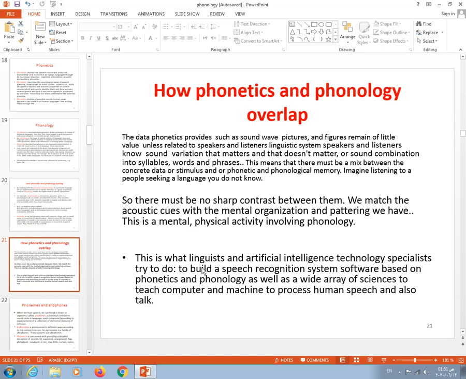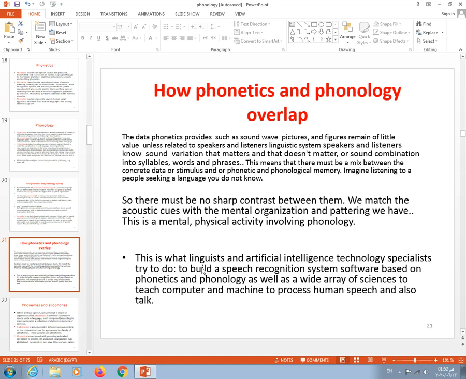What we do is match what we hear with what is in us, our mental repertoire, our mental memory of how sounds behave, what the rules are, and what the organization and pattern of these sounds are regarding phonemes, allophones, stress patterns, rhythm patterns, intonation, and all forms of phonetic and phonological tools and phenomena.